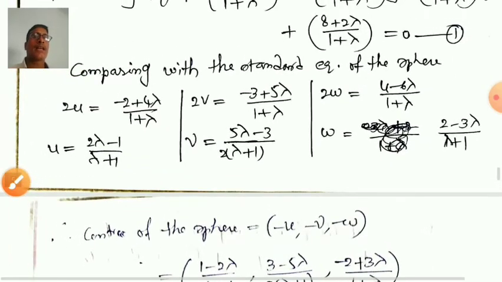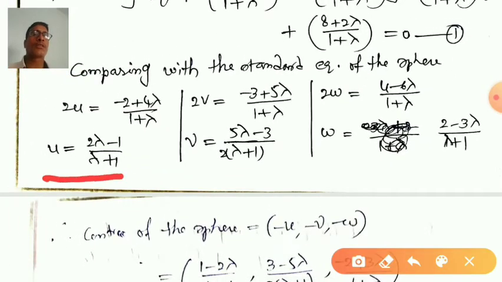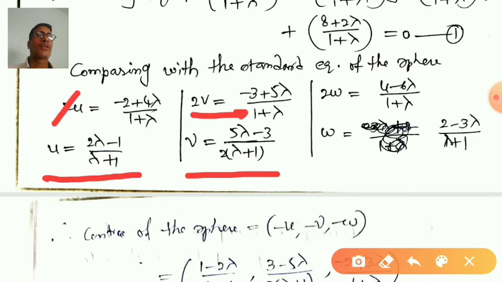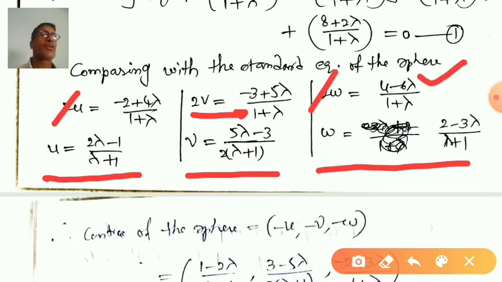So then, by taking 2 common and cancelling with 2, you will get u is equal to 2 lambda minus 1 by lambda plus 1, and v is equal to 5 lambda minus 3 by 2 into lambda plus 1. Here, by taking 2 common from the numerator and cancelling with this 2, you will get w is equal to 2 minus 3 lambda by lambda plus 1.